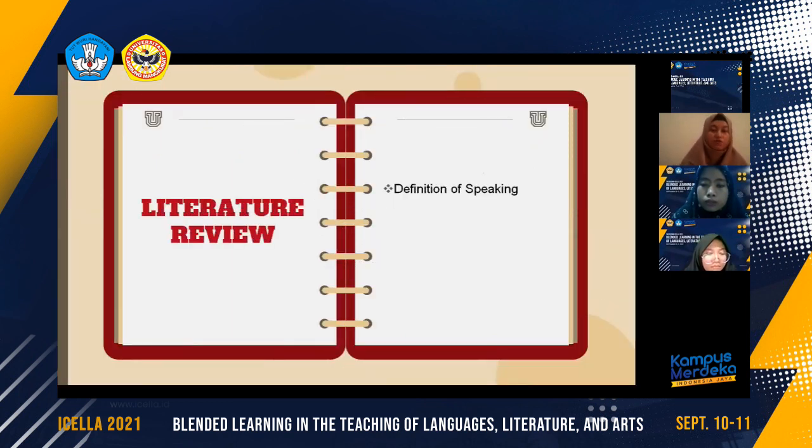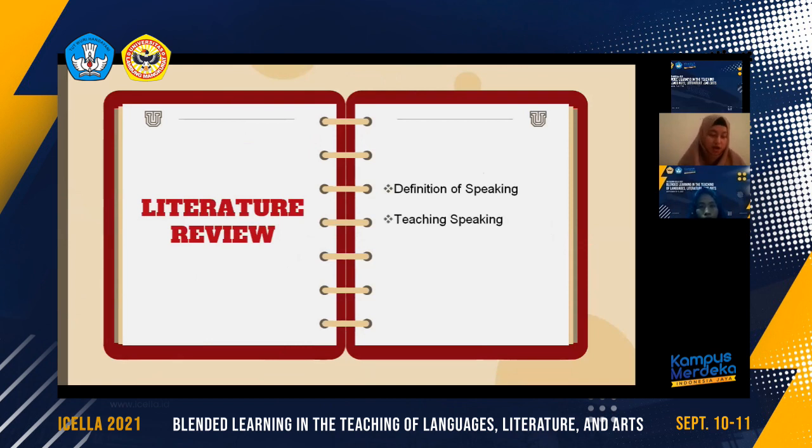And literature review. First, definition of speaking. According to Mark, speaking is the ability to use words to express or exchange ideas. And teaching speaking. According to Anora, teaching speaking is very important. Why? Because teacher need to pay great attention to teaching speaking, because the ability of students to speak in target language is frequently used as a measurement for language learning success.